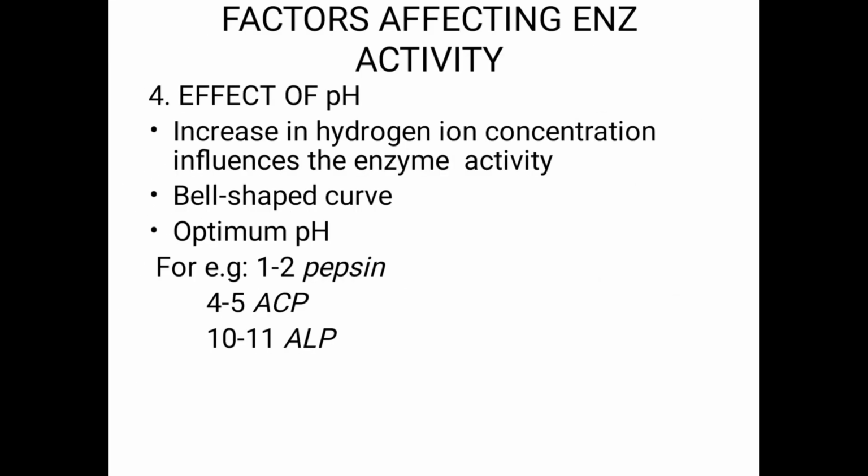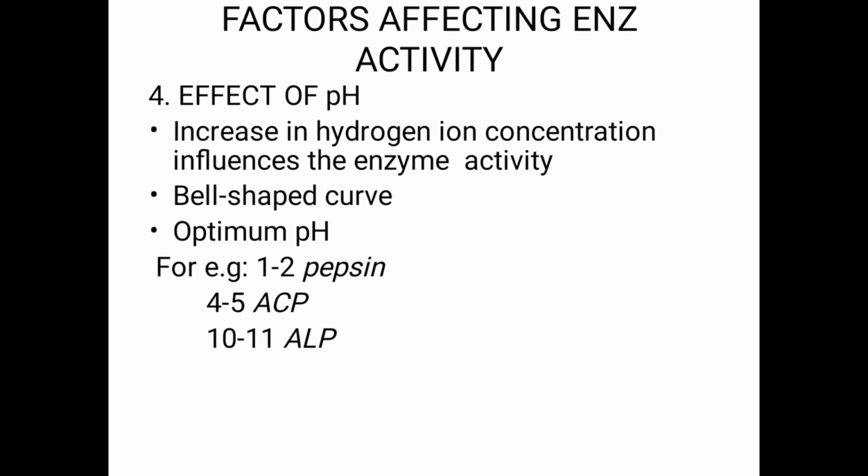Next, pH. Increase in hydrogen ion concentration influences the enzyme activity. Higher hydrogen ion concentration means it is acidic, you know that. For example, pepsin acts best at pH 1.2.